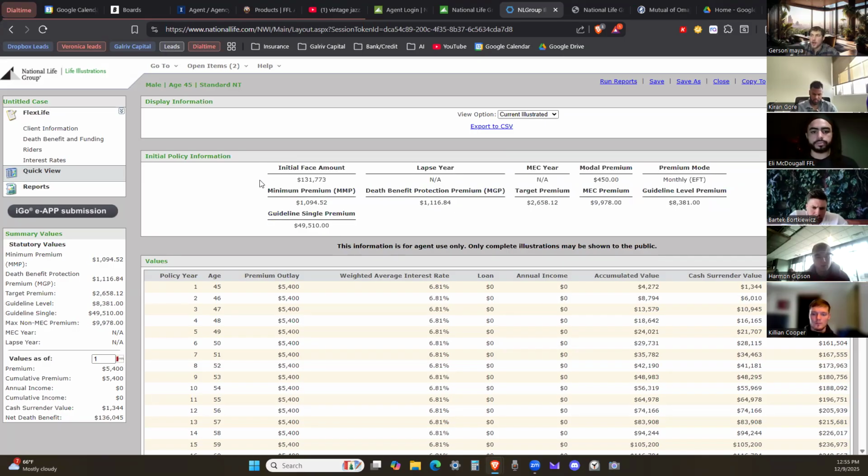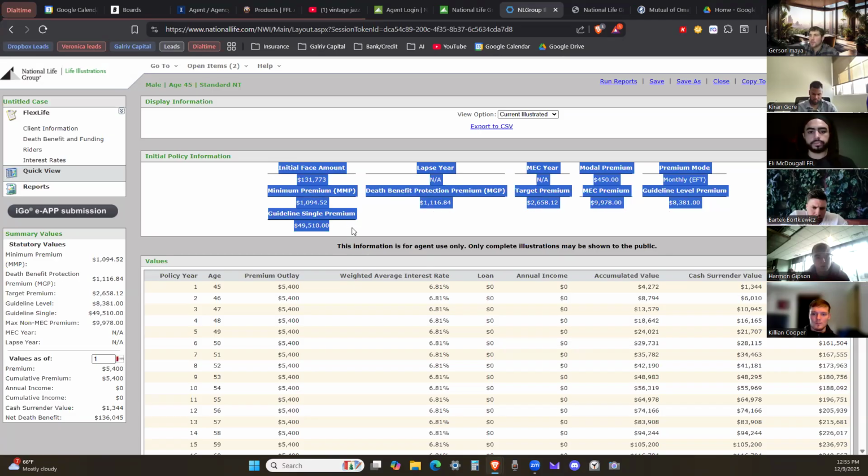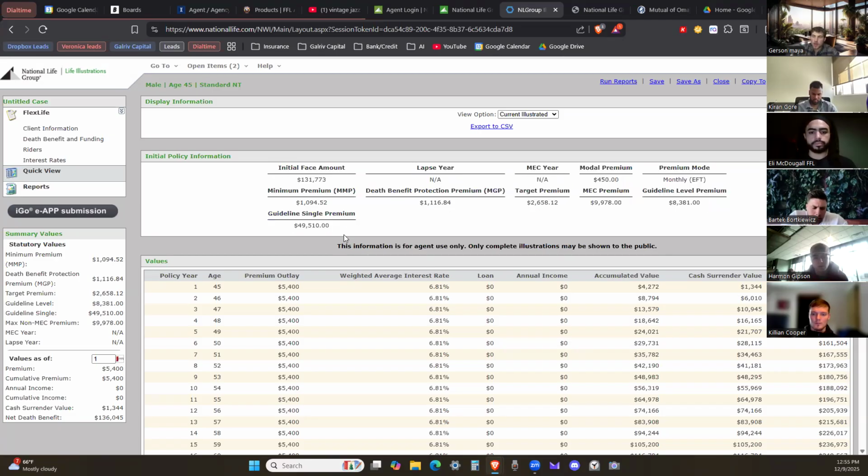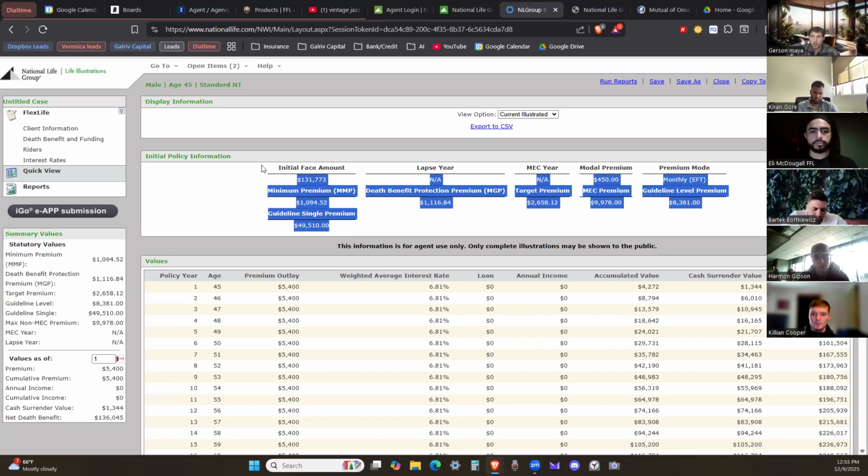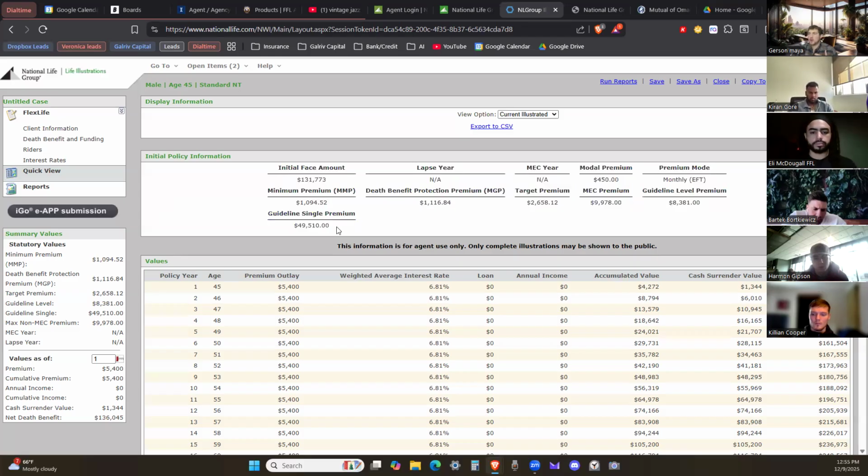The commission is a bit higher for F&G, so maybe for newer agents at a lower comp, it makes more sense to write F&G because it's a very comparable product. I personally like NLG more for reasons like they're a bit older, they have a much longer history, and their living benefits are better.